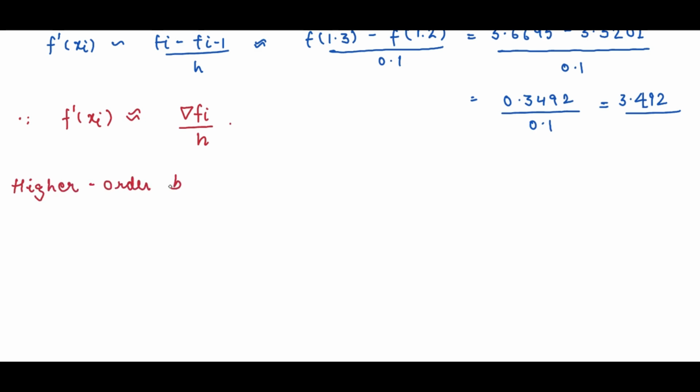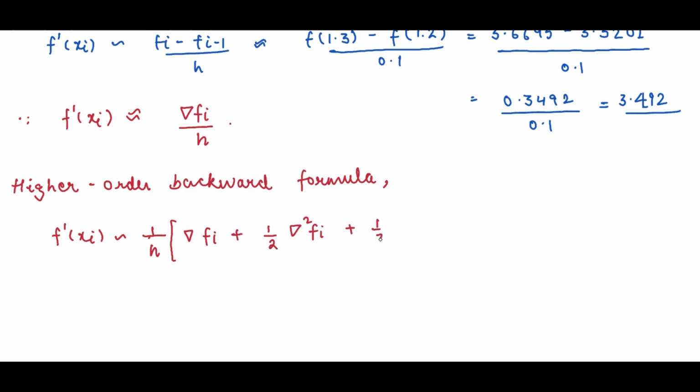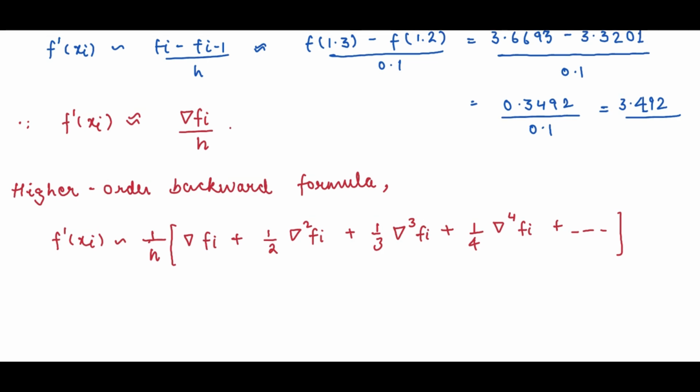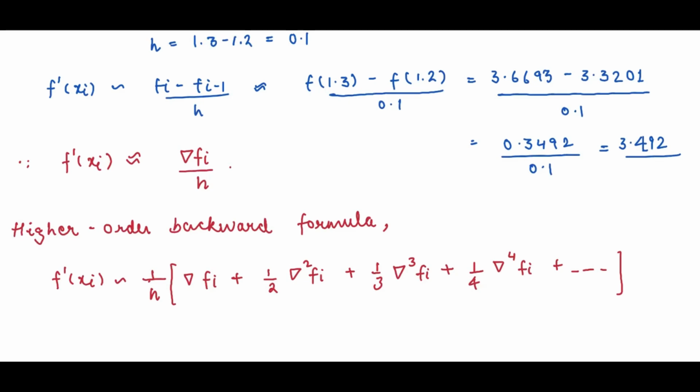The higher order backward formula for the first derivative is f dash xi approximately equals 1 by h times nabla fi plus 1 by 2 nabla square fi plus 1 by 3 nabla cube fi plus 1 by 4 nabla 4 fi and so on. This comes from differentiating the Newton backward interpolation formula. We will study these higher order derivative formulas separately in the next section, so don't worry if this looks unfamiliar right now.